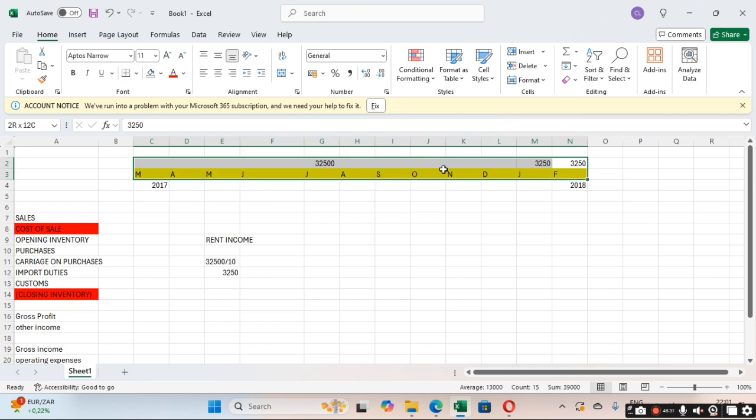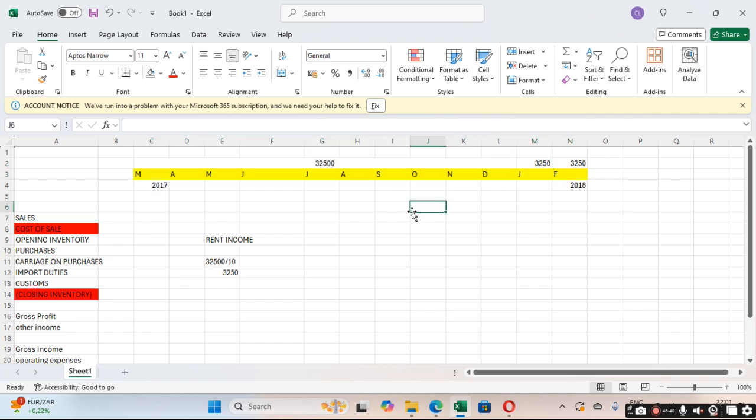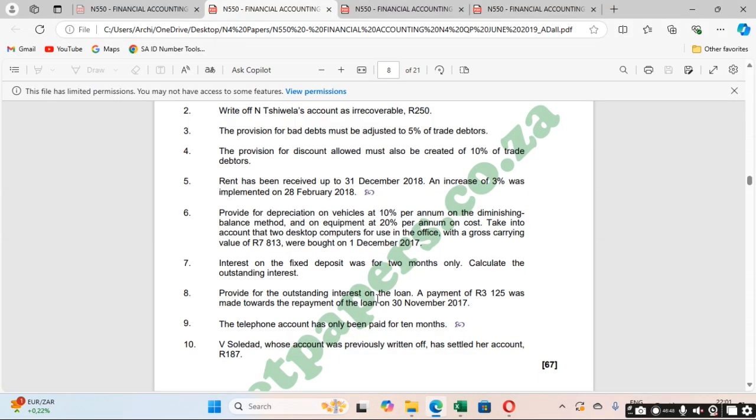And then you're going to add all these amounts to get your total rent income. I hope that makes sense, you guys. I thought this was going to be tricky, but it wasn't that tricky.